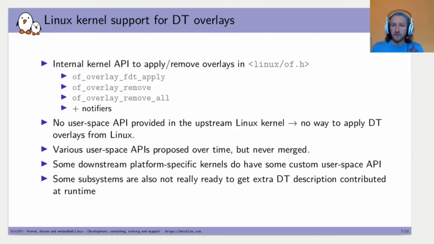Let's talk about the device tree overlay support in the Linux kernel. So actually there is only the internal kernel API to manage the overlay. There is no user space API.